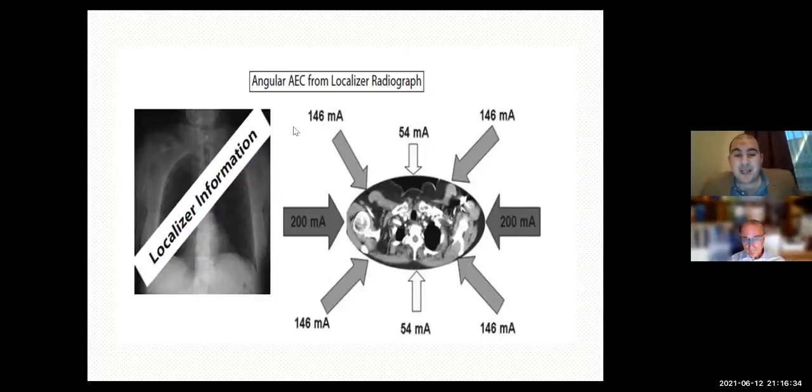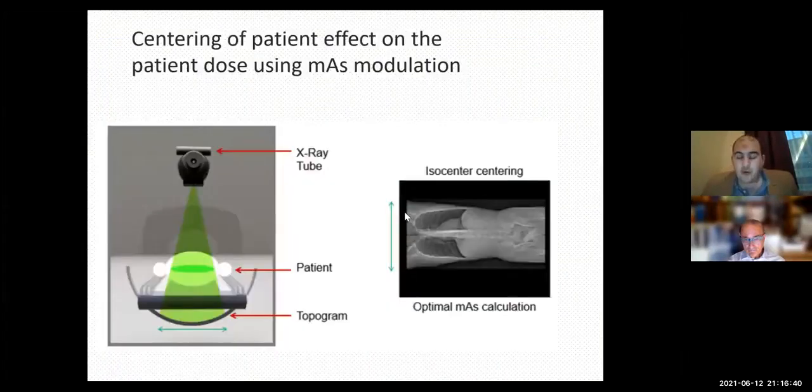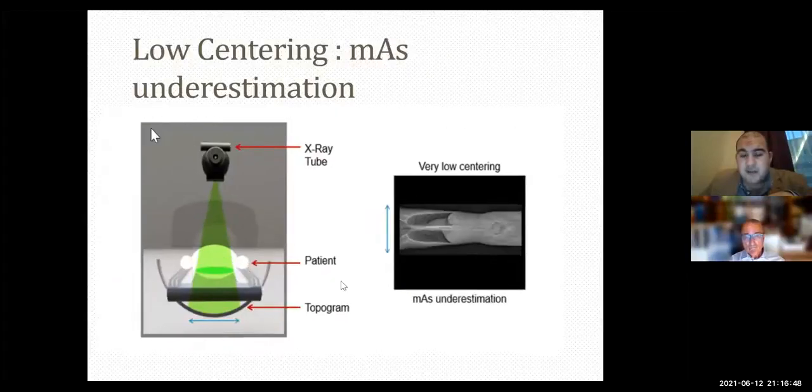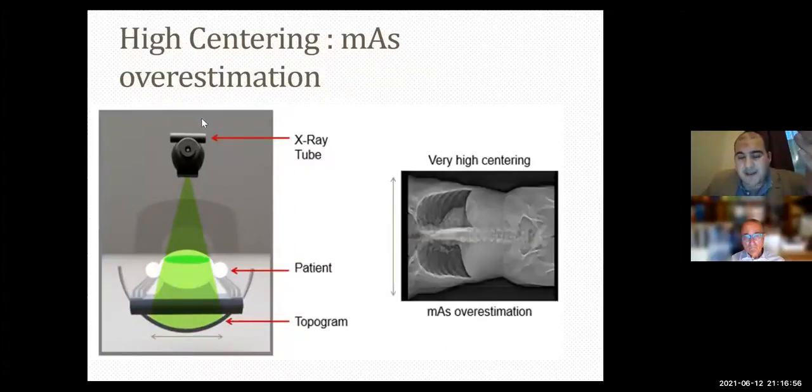The scanner itself takes the information from the localizer or from the scout, so it's very important to center the patient in the center of the field of view. If you center the patient lower, that causes milliampere underestimation. But if you center the patient higher, that causes milliampere overestimation.